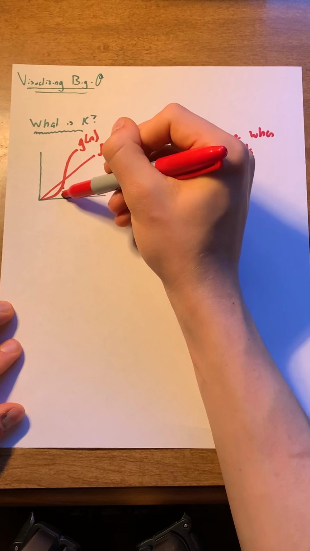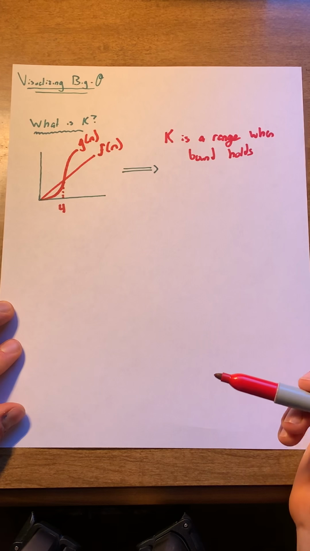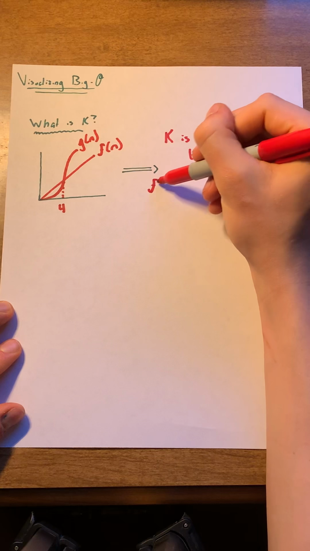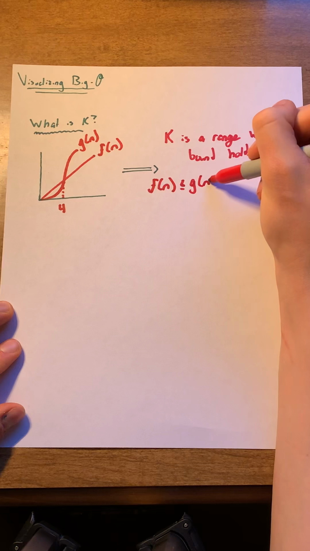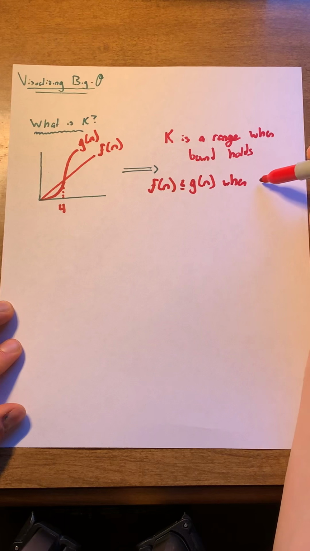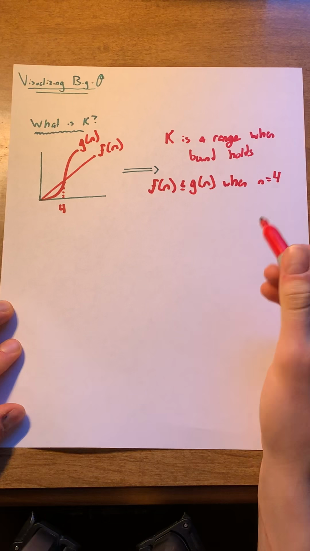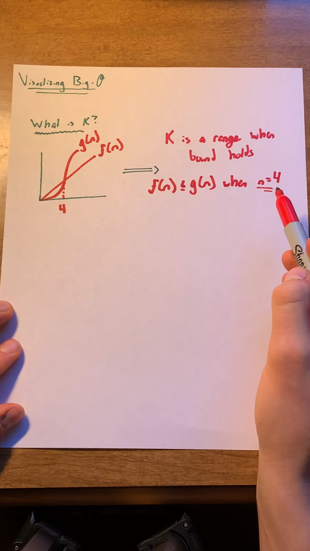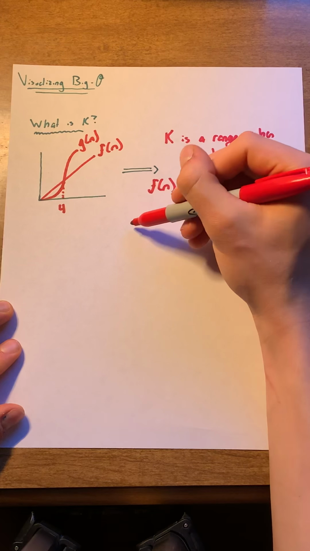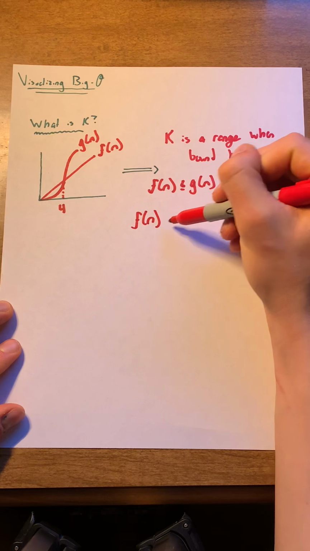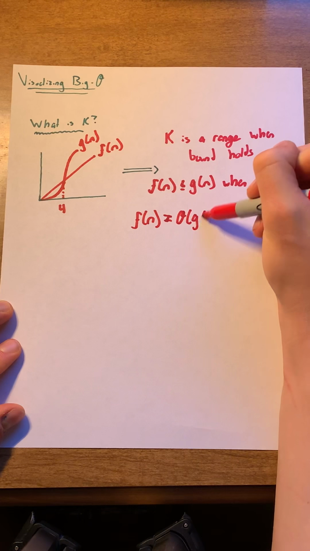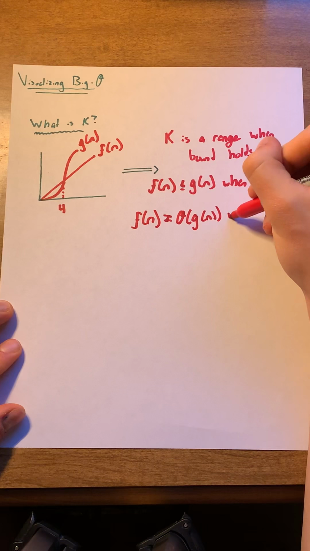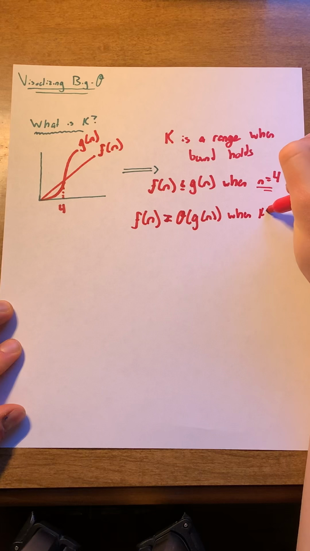And the intersection point is at 4. We notice that f of n is only less than or equal to g of n when n equals 4. This is also our k value. We can say f of n is big O g of n when k equals 4.